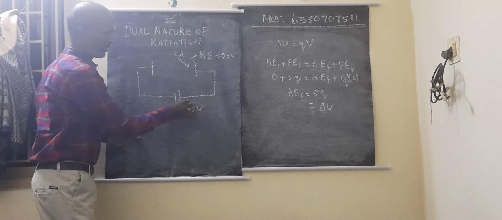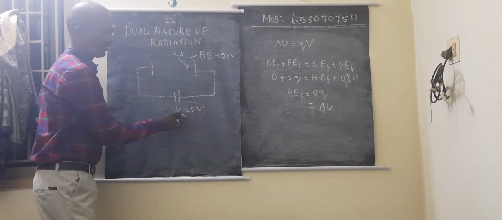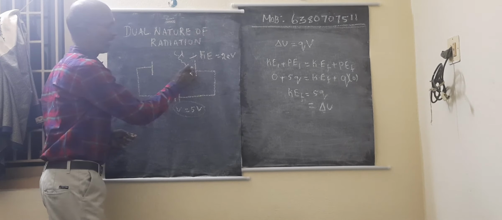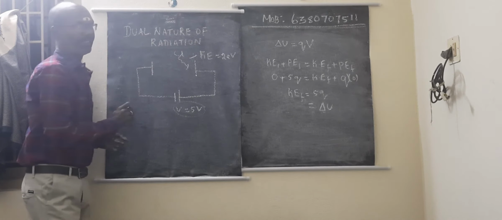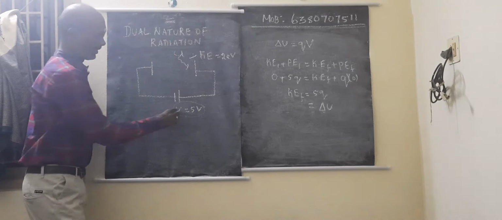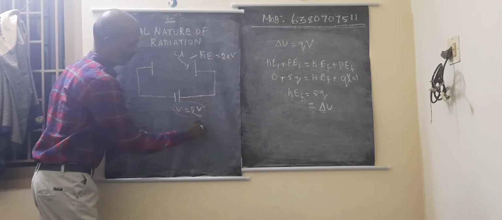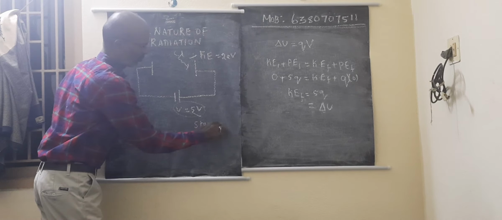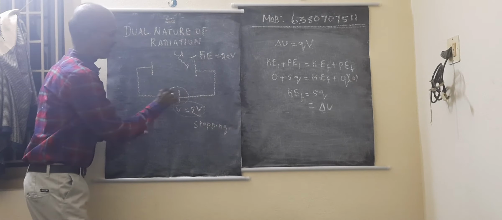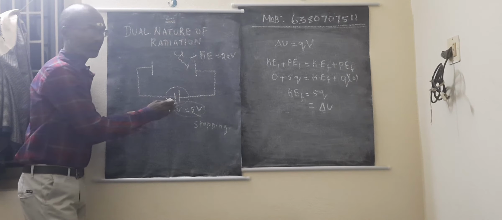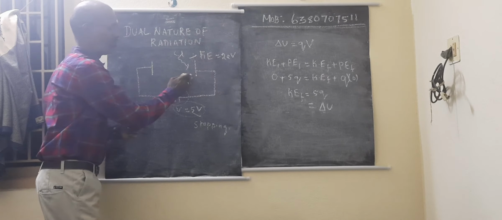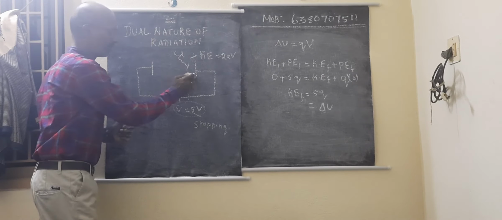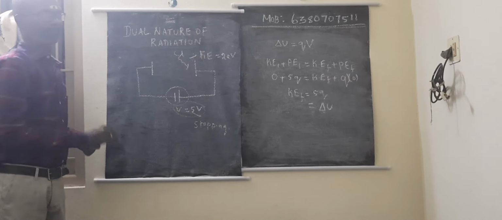So this will be the stopping potential, and this electron will not move from here to the other end. This potential is called stopping potential. We reverse the battery and give minus 5 volt. Here it attained only 2 electron volt, so it won't move from this plate to this plate.